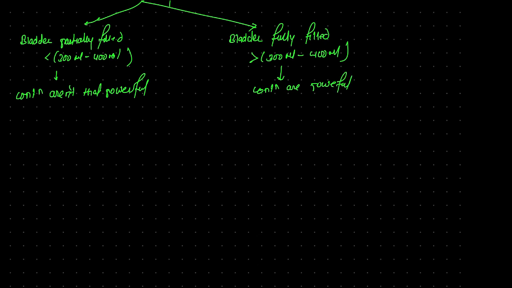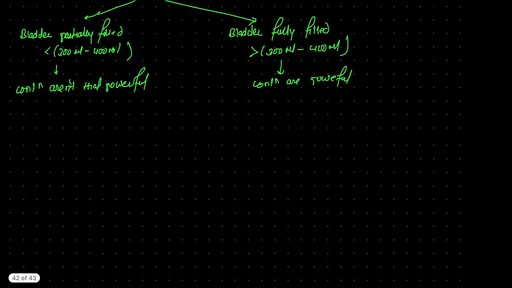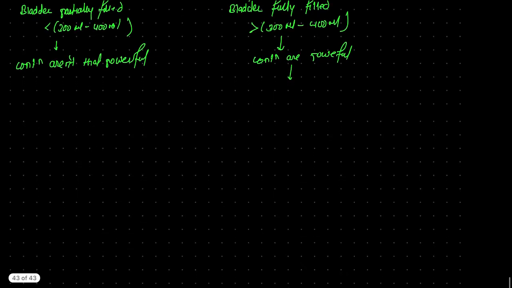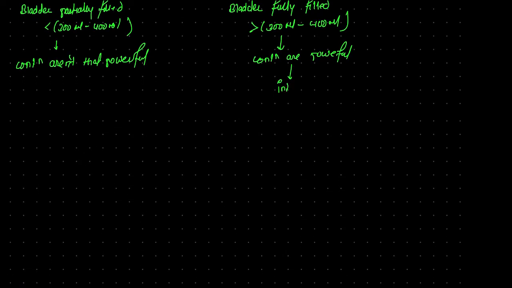As the contractions are powerful, there will be inhibition of the higher center. As there will be inhibition of the higher center, what will happen?